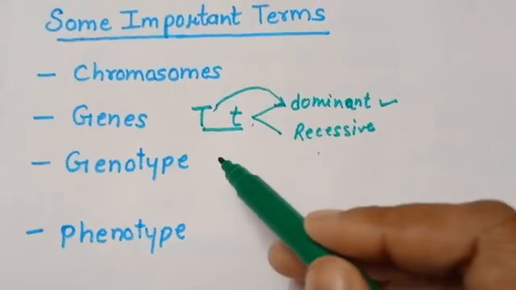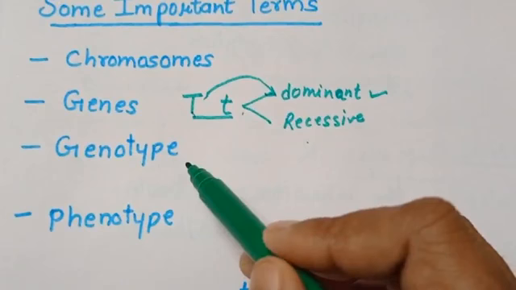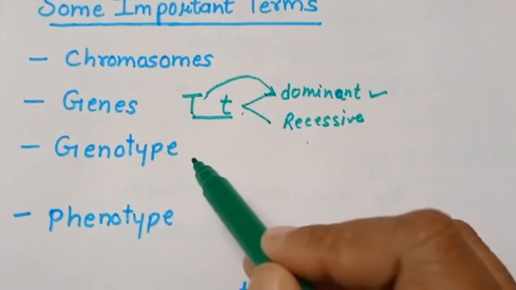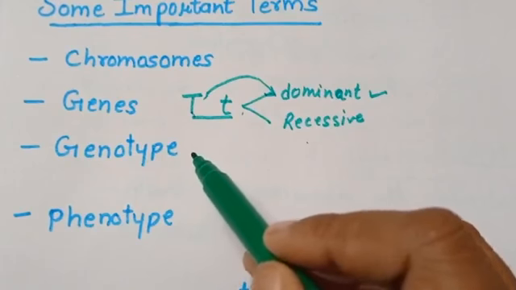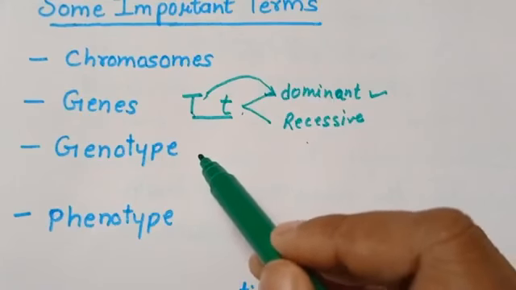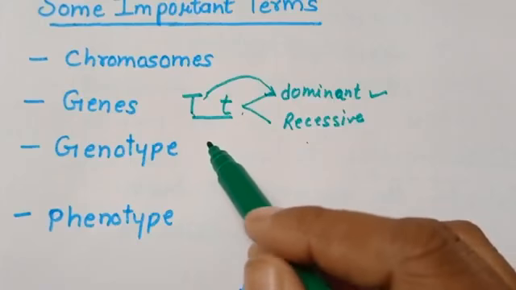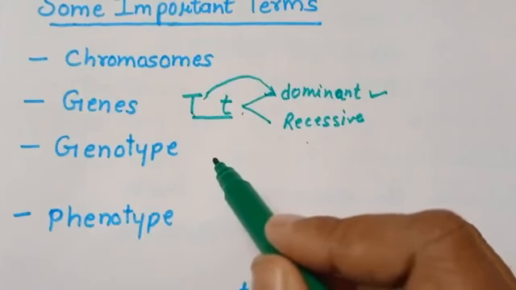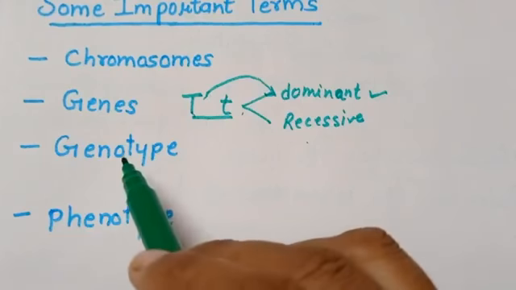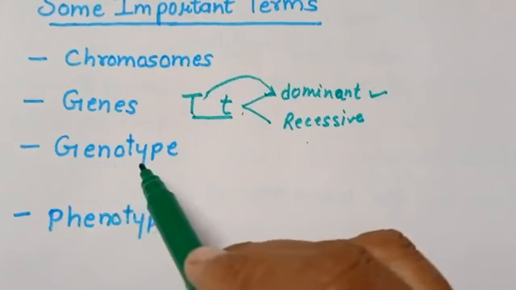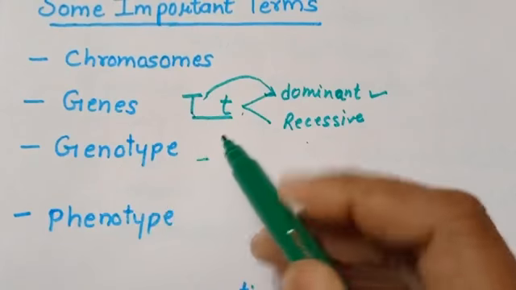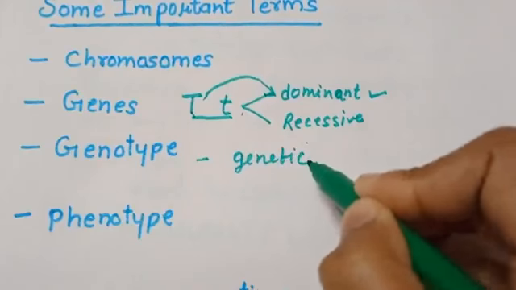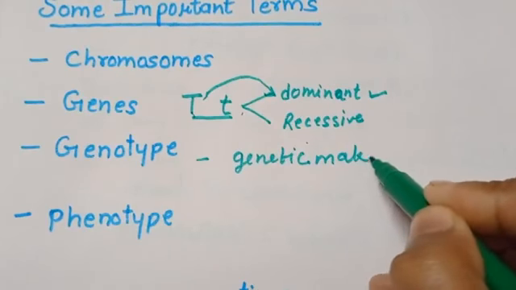Then another term is genotype. Genotype refers to the genetic makeup, that is, how the basic design or the genes are working, or what genes are present in an organism. So we can say genotype is the genetic makeup of an organism.